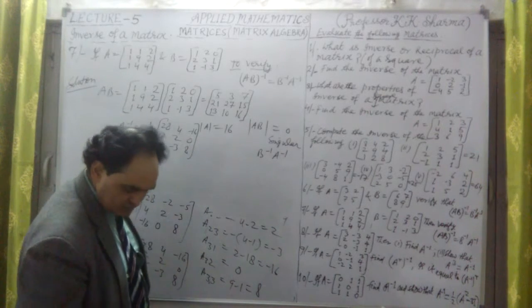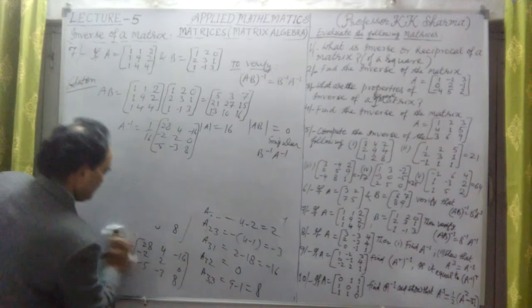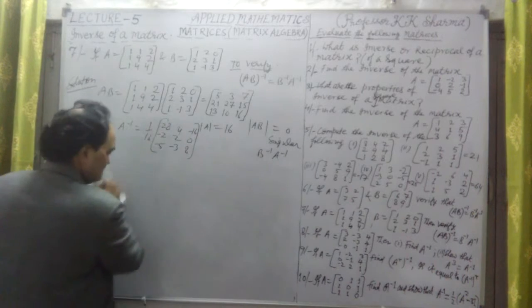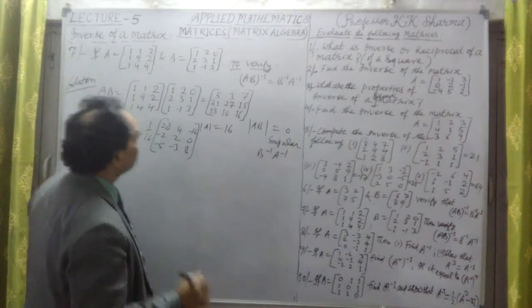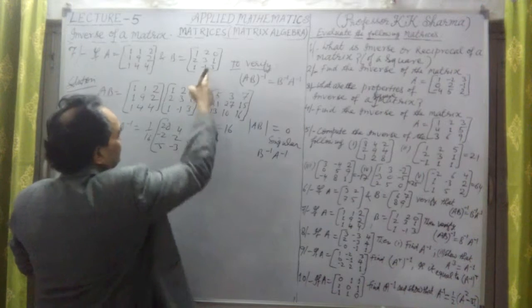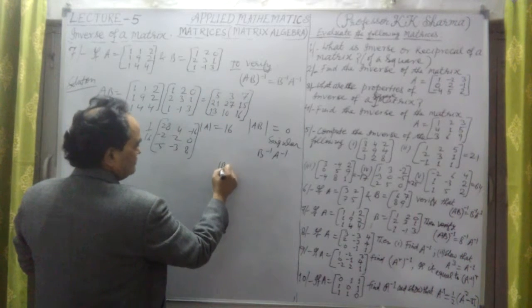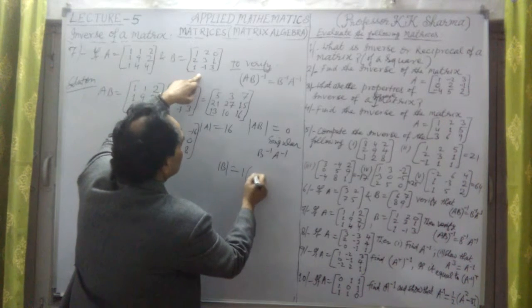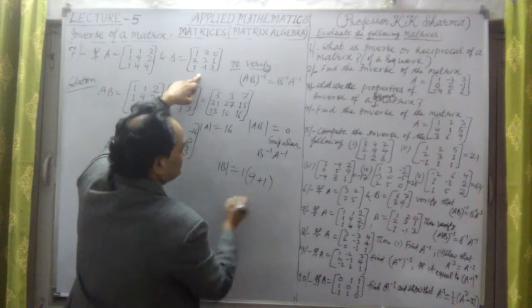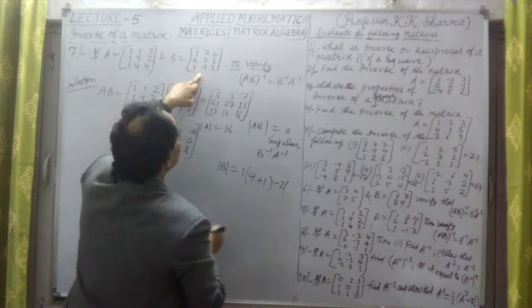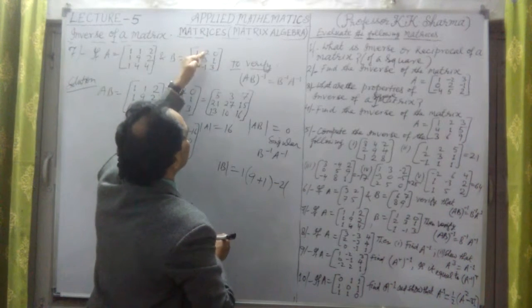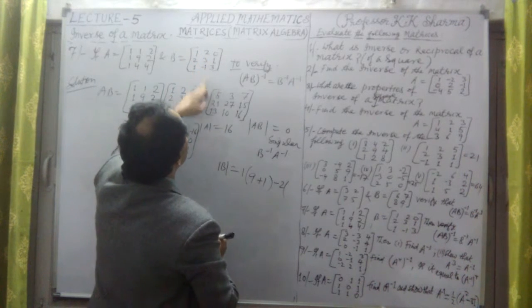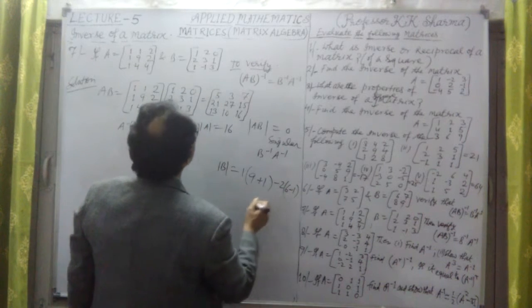Now B inverse, let me calculate. Let me take the B matrix. First, let me calculate the determinant value of B. This is 1 times 3 times 3 is 9 plus 1. And minus sign, minus 2 times the cofactor of 2, which is 6 minus 1.